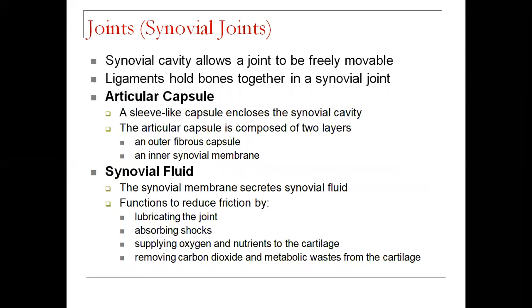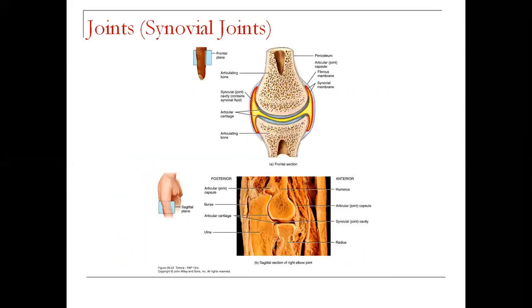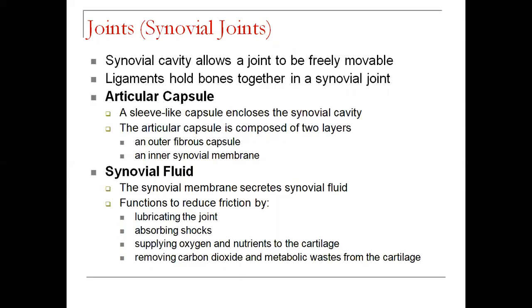Next is the synovial joints that allow a joint to move freely. The ligaments hold the bones together in a synovial joint. They have an articular capsule, which is a kind of covering. They contain synovial fluid, which is secreted by the synovial membrane.